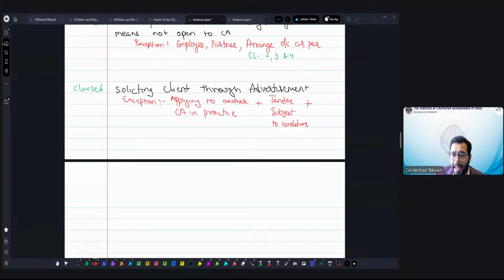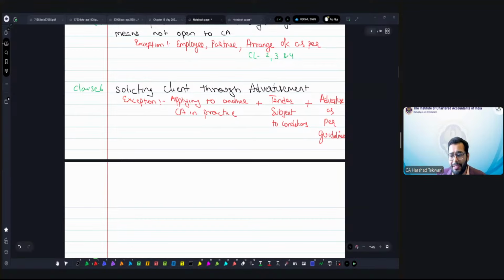Plus advertisement as per guidelines. So if those things are done, then it will be fine as per clause 6. Otherwise, it will not be.